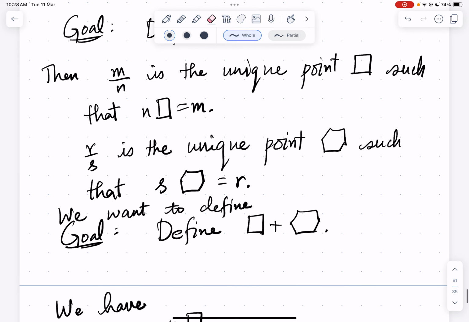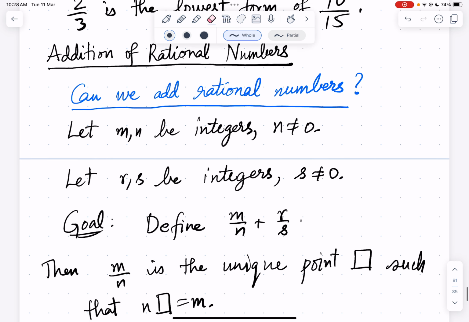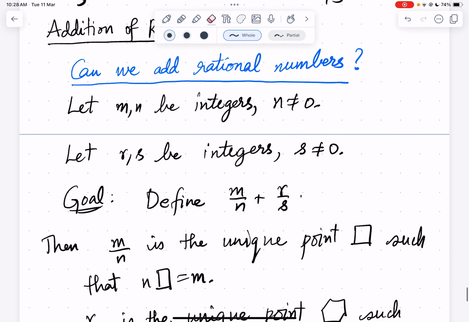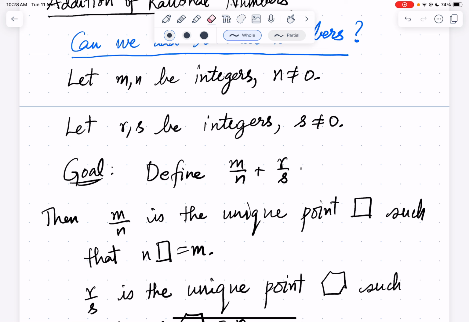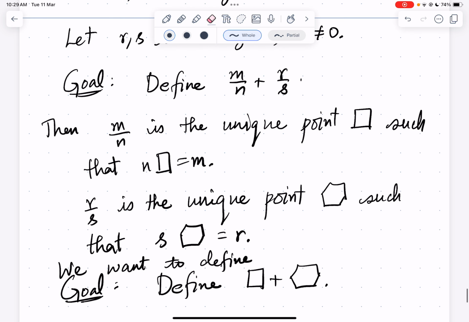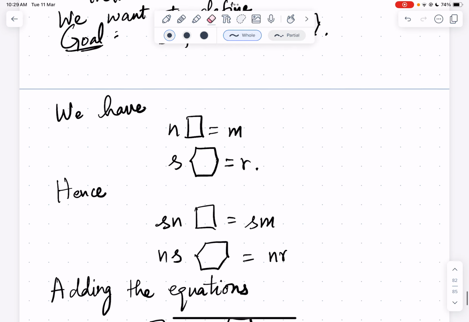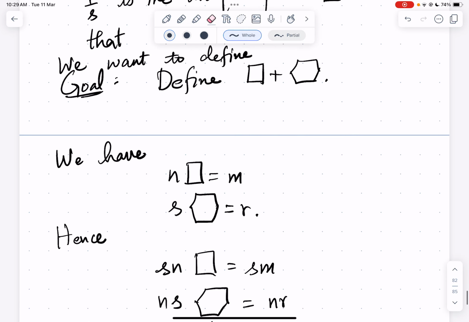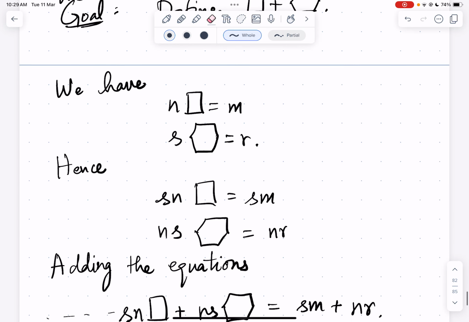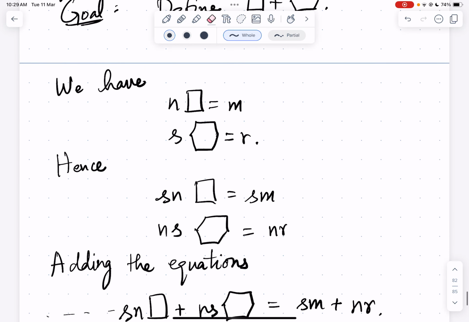So what did we do? We started with two integers m and n not equal to 0, and integers r, s, s not equal to 0. The goal is to define m by n plus r by s. We expressed m by n as some box and r by s as hexagon via the definition. m by n is the unique point box such that n times box is m, and so on. Then we wanted to define this box plus hexagon. We have these two equations defining box and hexagon: n times box is m, s times hexagon is r.